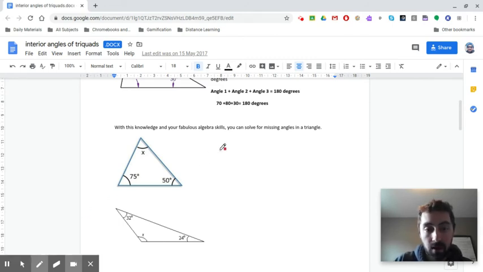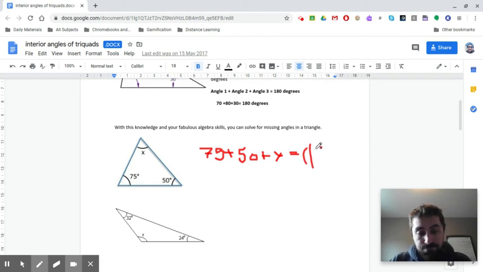Okay. So if we have 75 plus 50 plus x, we know that is equal to 180 degrees.